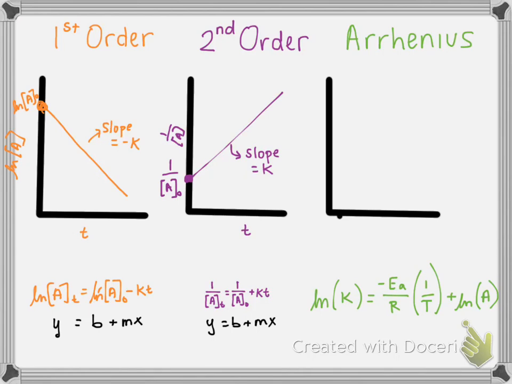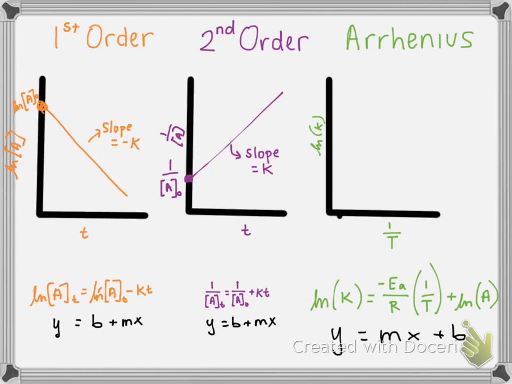So on our axes we'll have 1 over temperature for our x-axis, and then we'll have the natural log of k for the y. So our intercept is going to be the natural log of A, but this is a different A than the ones we were just talking about.